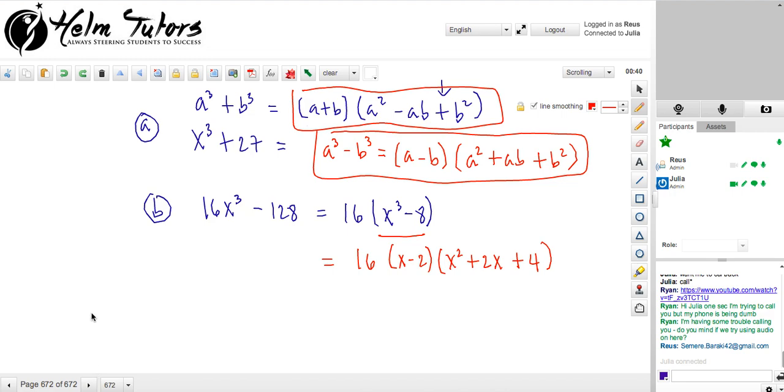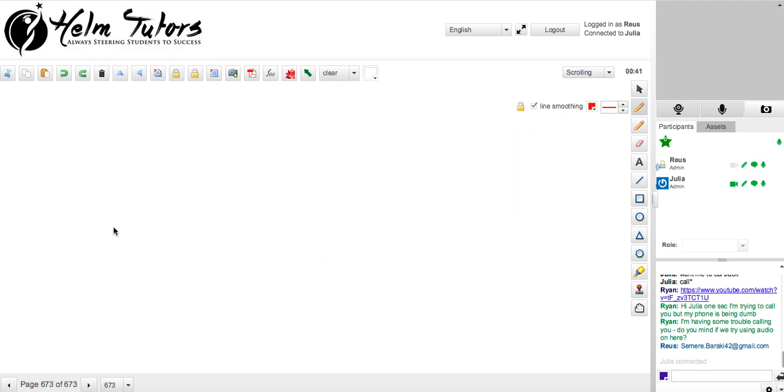And then finally the last page. This is the one I looked at very quickly, but it says you're asked to completely factor 6x squared plus 12x minus 18.